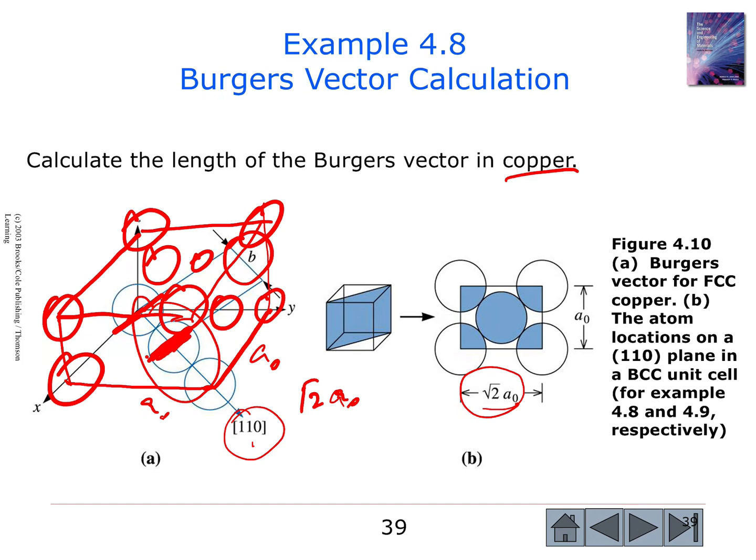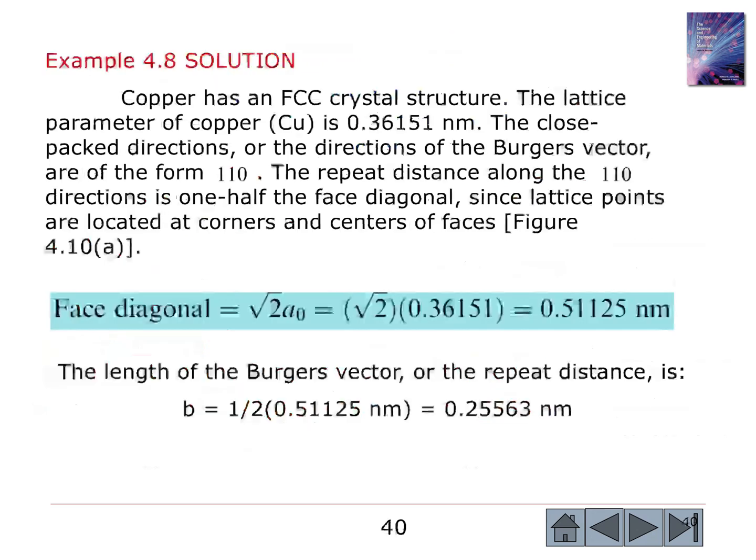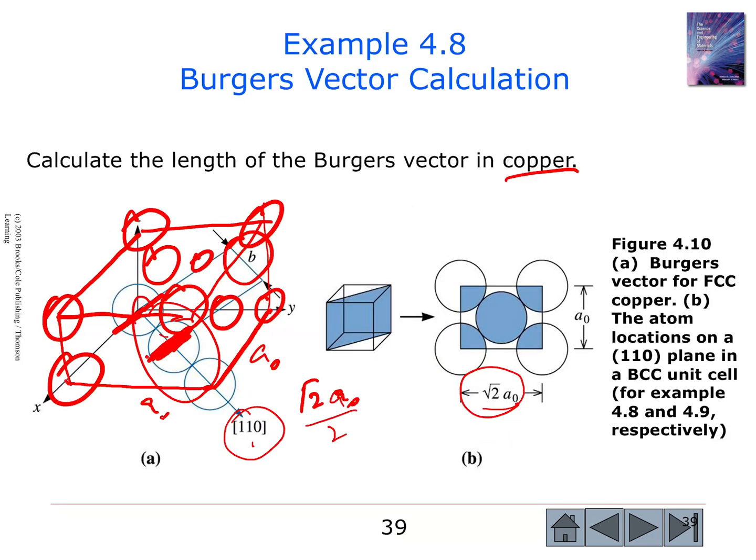Because there is an atom in the middle as well, this will be divided by 2, right? So square root 2 a gives a phase diagonal of 0.51125 nanometer. Dividing it by 2, you will get the length of the Burgers vector, right? So this is actually half of the phase diagonal.